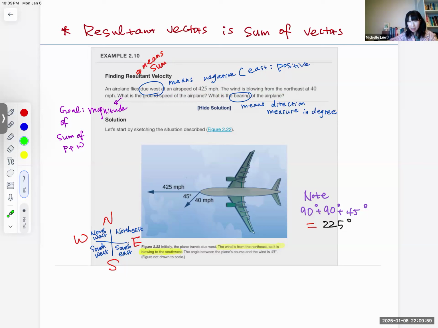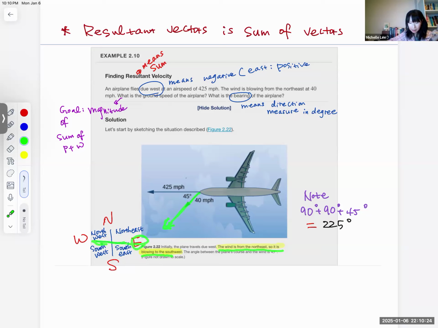In that case, they give us a hint. The wind is from the northeast, so it is blowing to the southwest, because I indicated this one here.